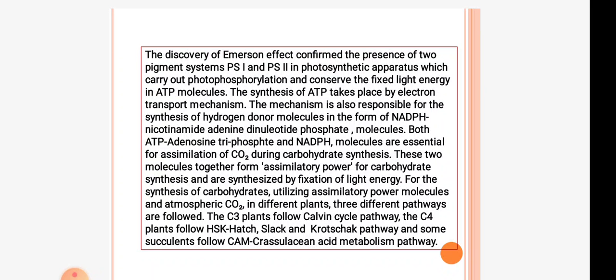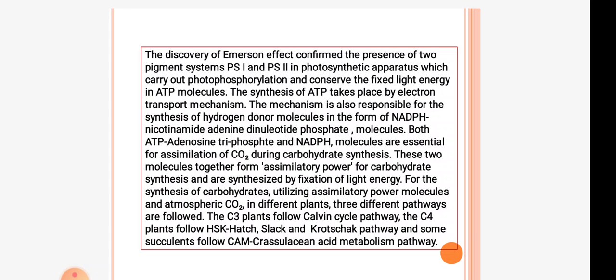Both ATP and NADPH molecules are essential for assimilation of CO2 during carbohydrate synthesis. These two molecules together form assimilatory power for carbohydrate synthesis and are synthesized by fixation of light energy.